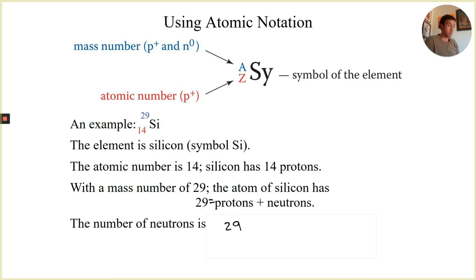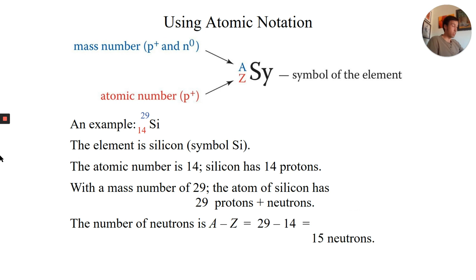For our work, we could write out P plus N, subtract P from both sides, N is 29 minus P. P was 14, and I would get 15 neutrons. Okay, and so there's our atomic notation.